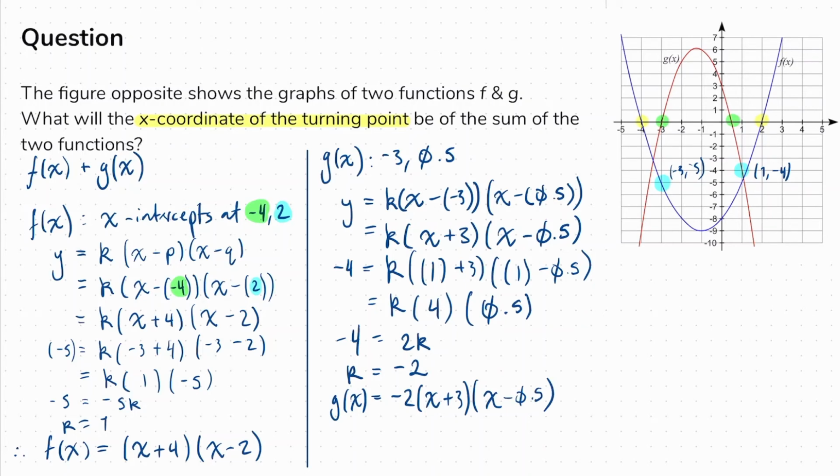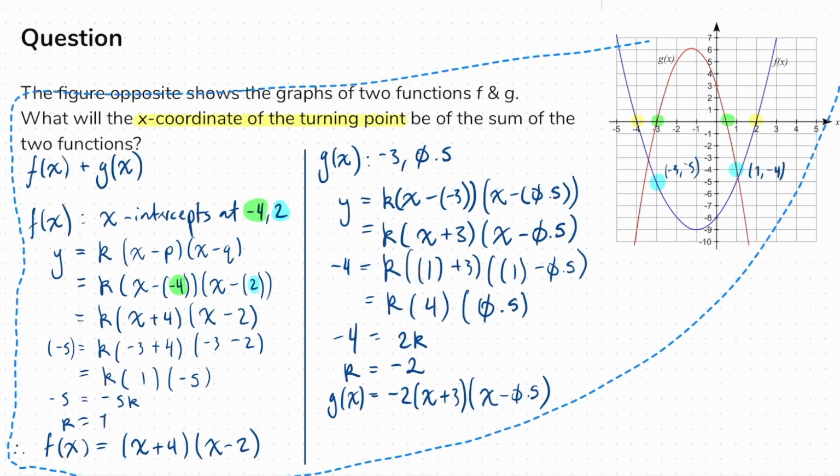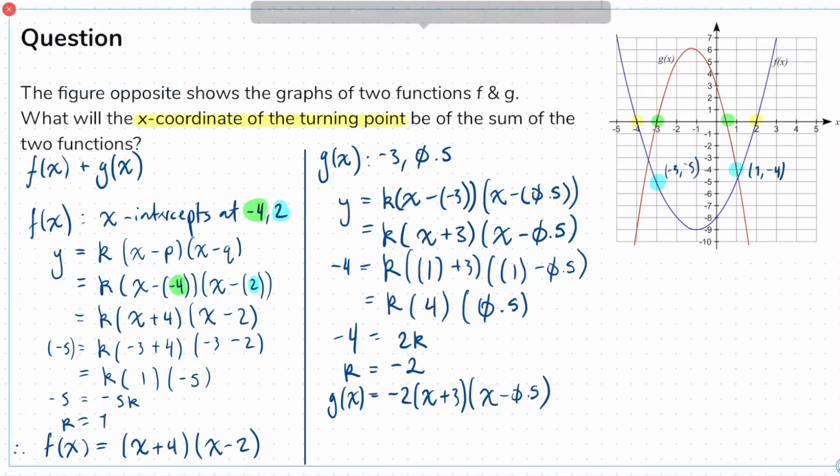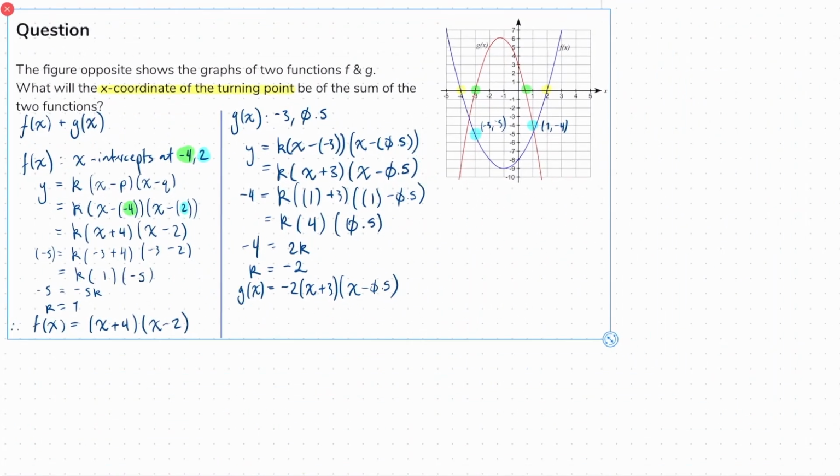Okay, so now we're trying to find the x coordinate of the turning point. As I mentioned before, we're going to need a little bit more space here. So I'm just going to resize all of this. Pop this in the corner.